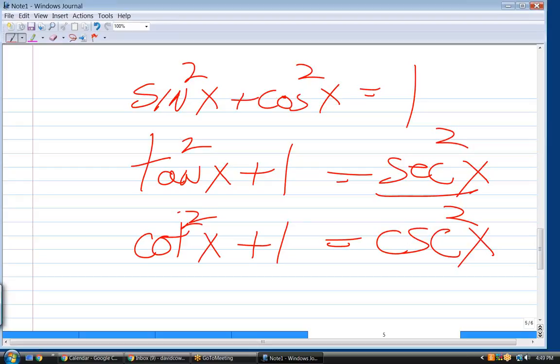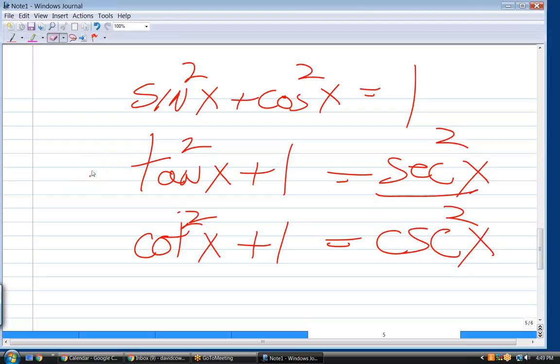But of those 11, you only have to memorize the first 3 reciprocal, because once you memorize the first 3, you know the second 3. You only have to memorize the first quotient one, because if you know that one, you know the other one. And you only have to memorize these 2. So really, you only have to memorize 6 things to know all 11 identities.